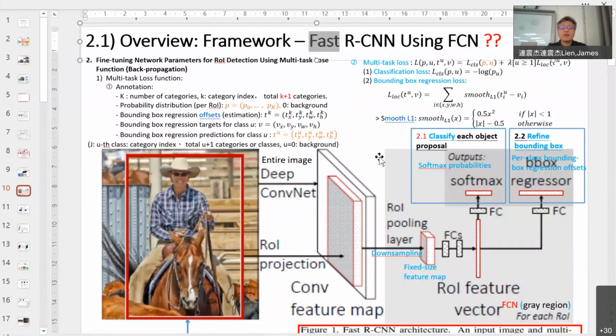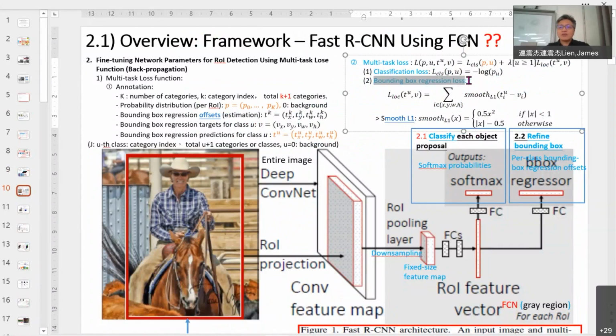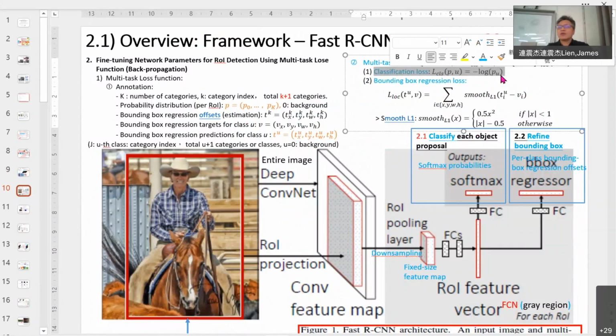Think about the first RCNN: they refine this computer vision result, so their loss function includes both bounding box and classification. We call that multi-task. Before, we only had one loss function, but here there are two loss functions. We do the bounding box, and we also do the classification.